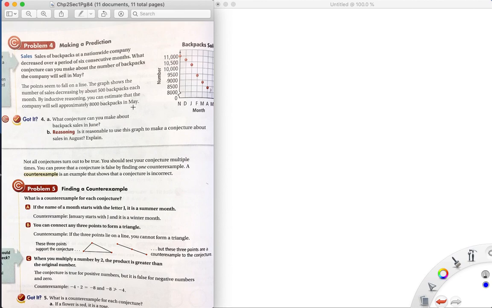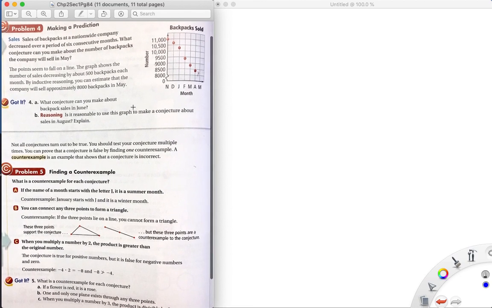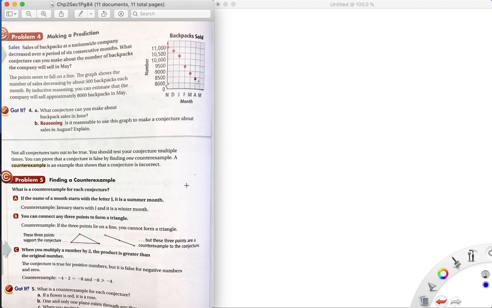So we can also make conjectures, or educated guesses, off of graphs. So these are the months: November, December, January, February, March, April, and May. And they're asking, what inference can I make for June? It seems to be dropping every 500 or so, approximately.